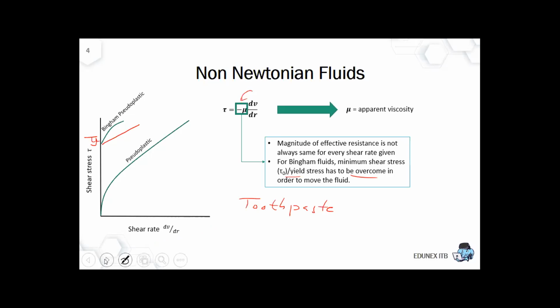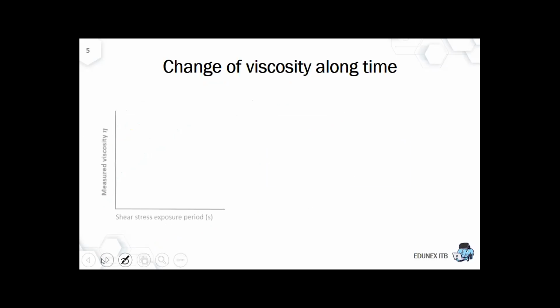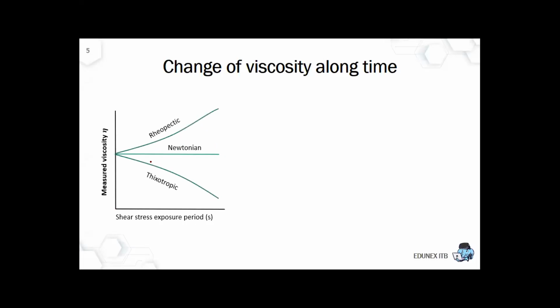So the example is toothpaste. Sometimes we call this apparent viscosity, but later on we will see. During the shear stress application period, for Newtonian fluids, we observe that during operation the fluid's viscosity does not change. But for non-Newtonian there are two types, rheopectic and thixotropic.